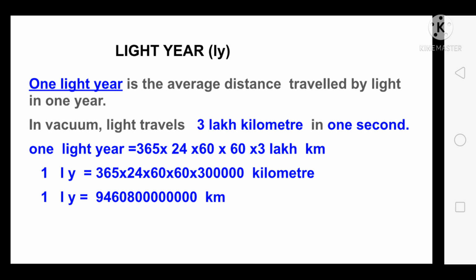Light year is also another unit of length. 1 light year is the average distance travelled by light in 1 year. In vacuum, light travels 3 lakh kilometers in 1 second.